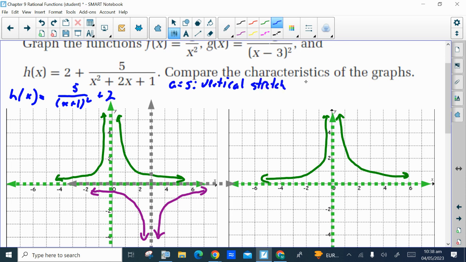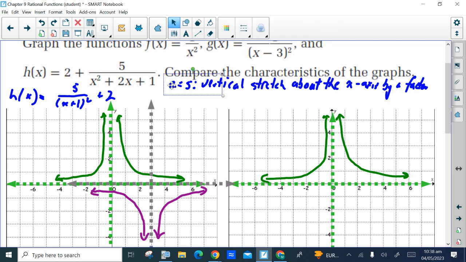And our vertical stretches are always about the x-axis. And that will be by a factor of 5.